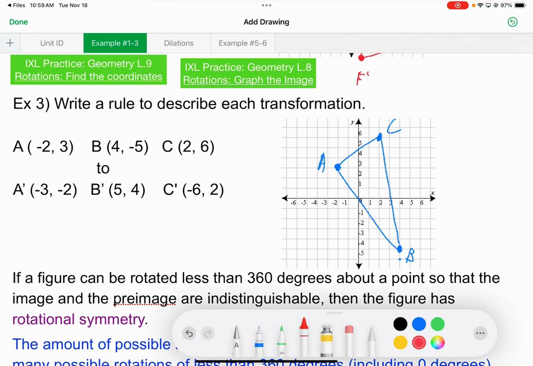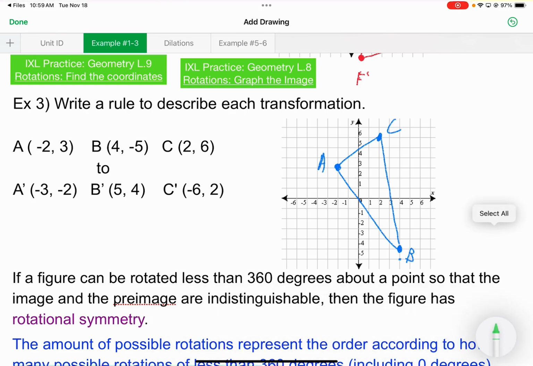Okay. Let's plot our image and then see what we get. So A prime is at -3, -2. And then B prime is at 5, 4. And then C prime is at -6, 2.